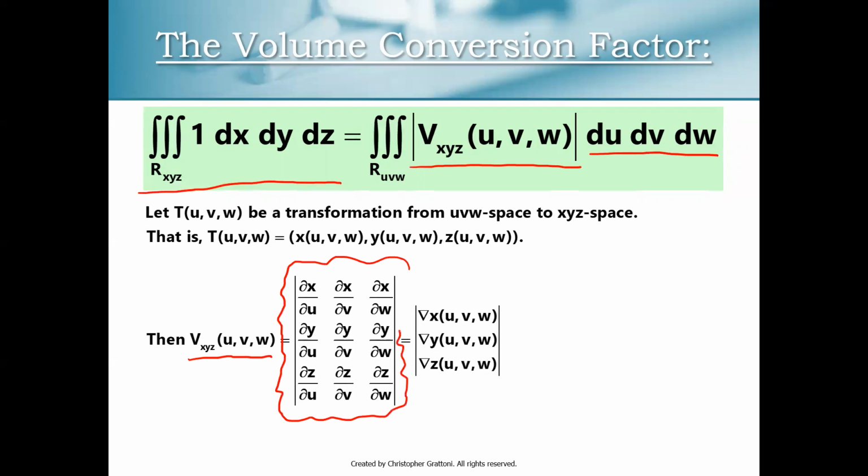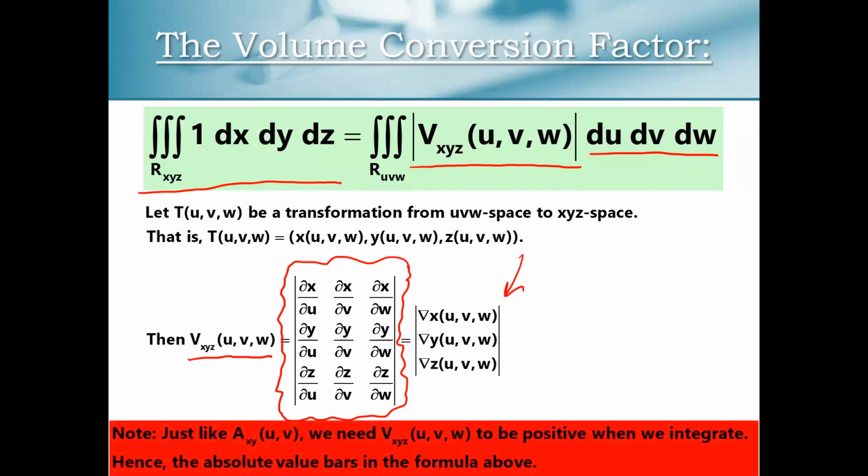It's just that now it's a 3x3 determinant instead of a 2x2 determinant, which makes sense now that we're in 3-dimensional space. And you'll never ever forget this formula because it looks just like the 2-dimensional case, but also it's just a matrix that you can create out of 3 gradient vectors: the gradient of x, the gradient of y, the gradient of z. Those will be our 3 rows of our 3x3 matrix.